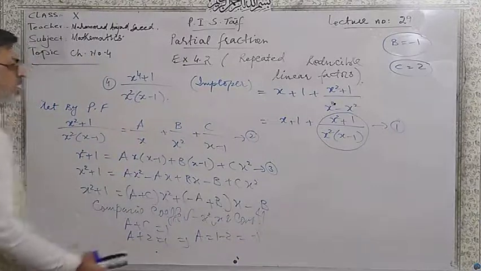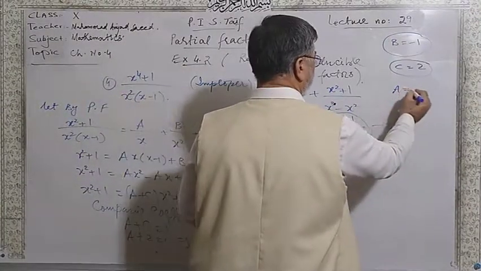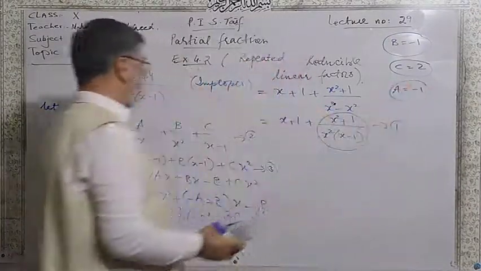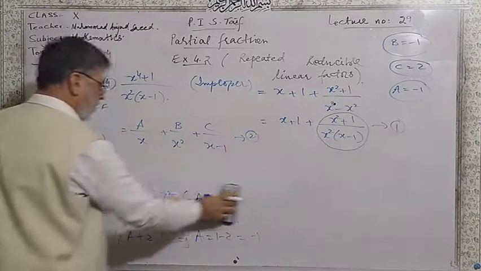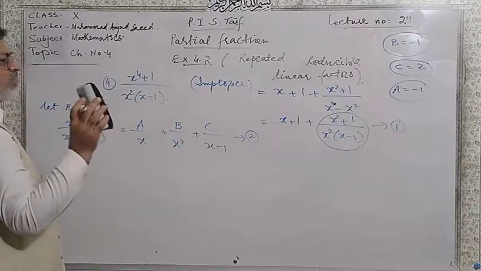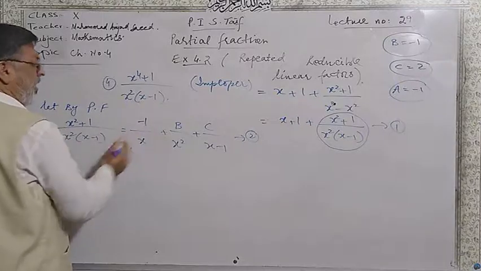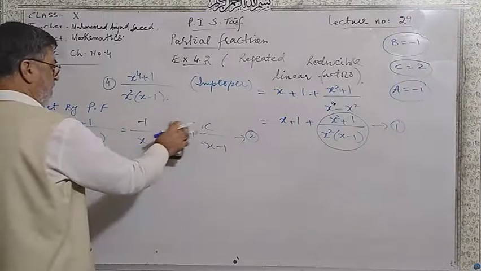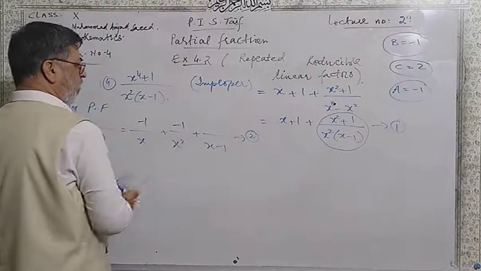So dear students, using the values of a, b, c in equation number 2, we have a is equal to minus 1, b is equal to minus 1, c is equal to 2.